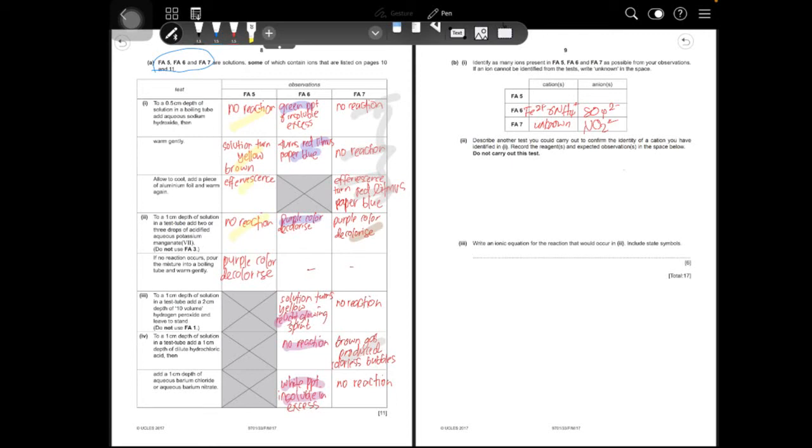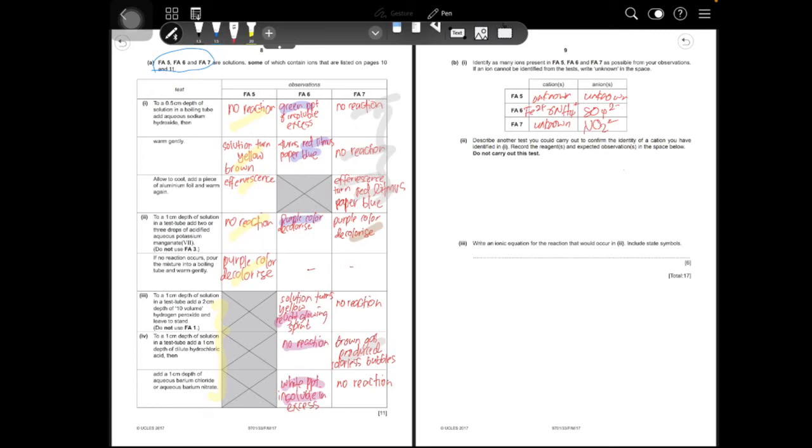Only upon heating the purple color decolorizes. And there is no test done for the presence of anion. Hence, from here we can say that there is no evidence of the presence of cation and also of anion. So both are unknown.